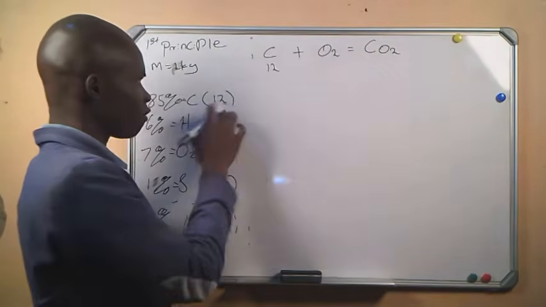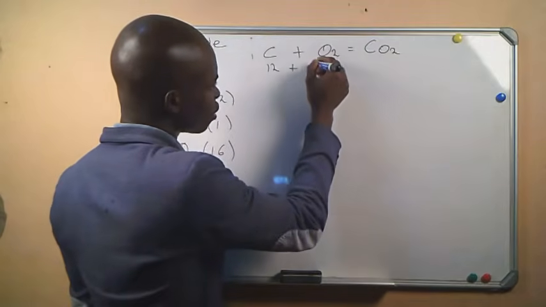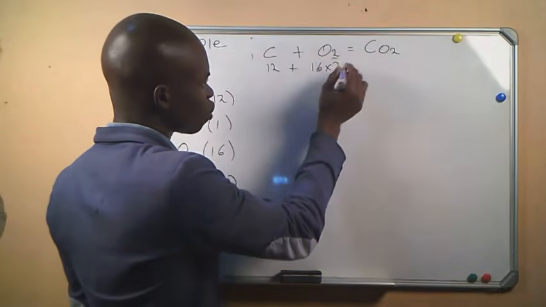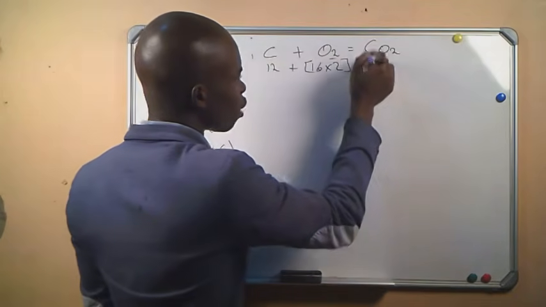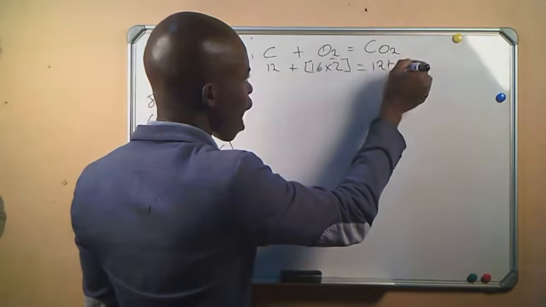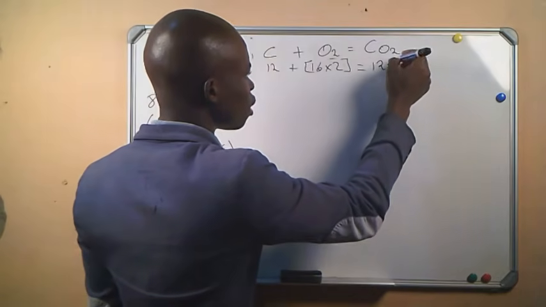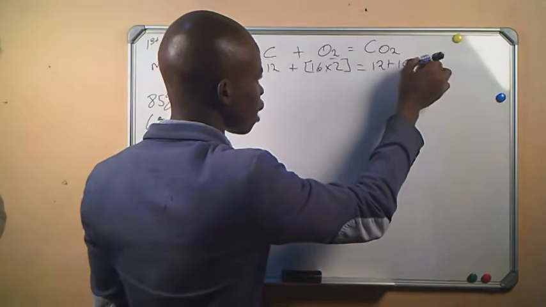For carbon it is 12 plus oxygen is 16 times 2, and then carbon again is 12 plus oxygen is 16 times 2.